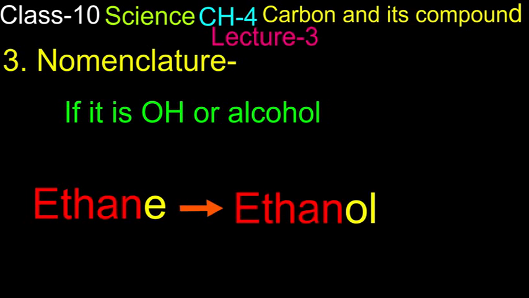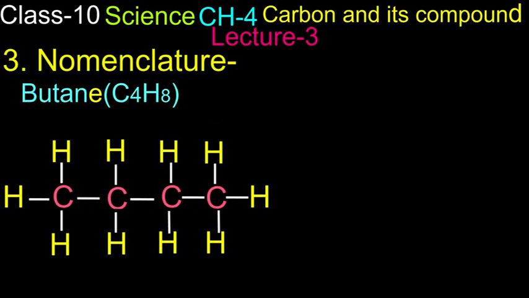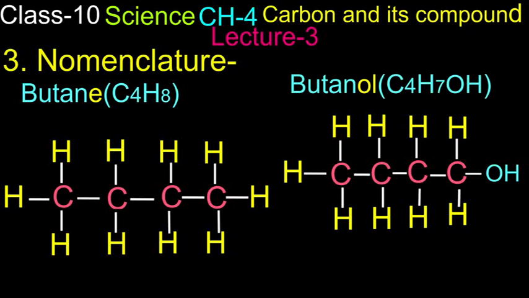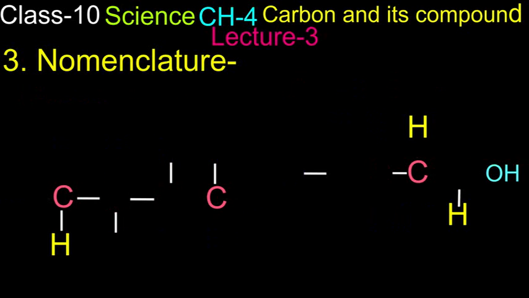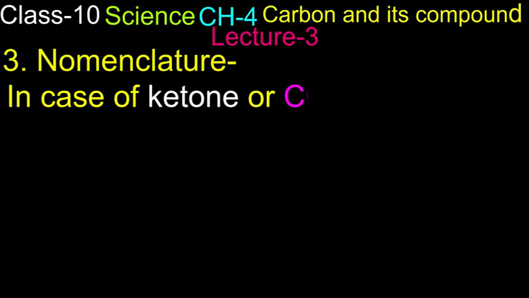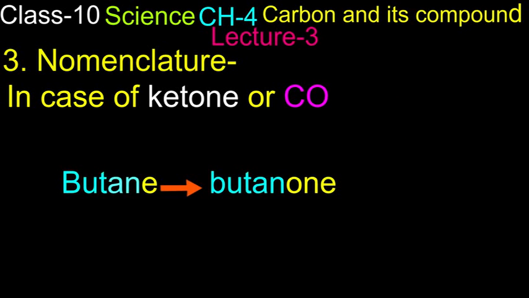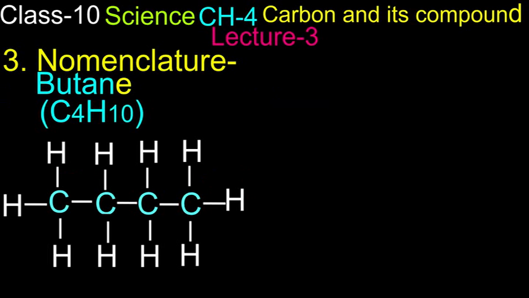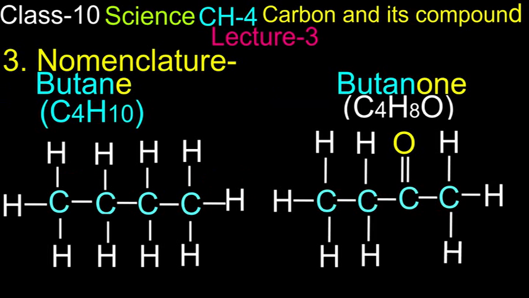For example, here this is butane, and when one hydrogen atom is replaced by this OH group, then instead of E we would write OL, so that the name becomes butanol. In case of ketone or CO group, E is replaced with ONE. Therefore, butane becomes butanone.